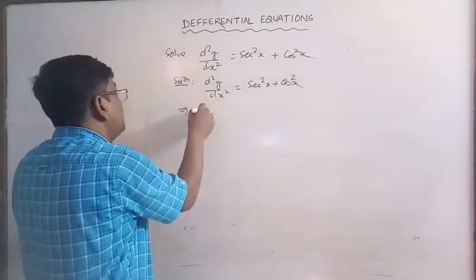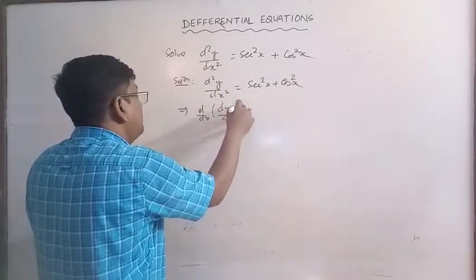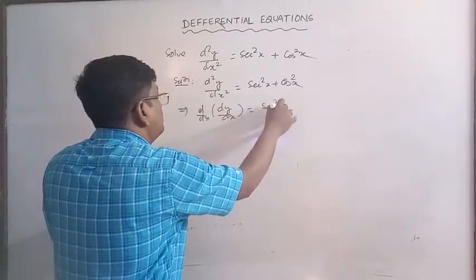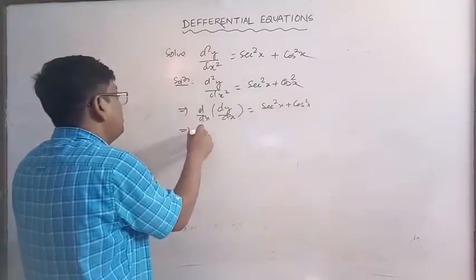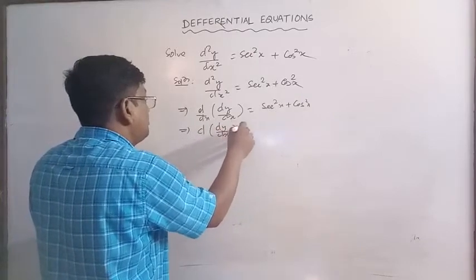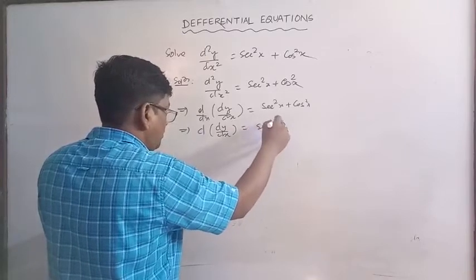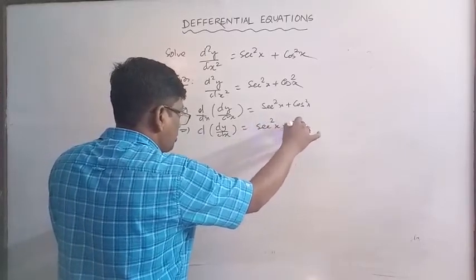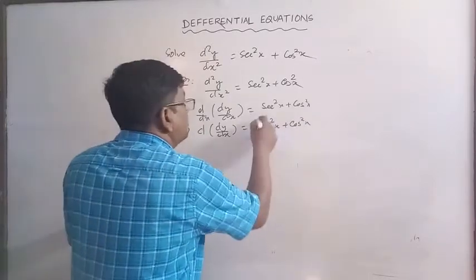Now this can be written as d by dx of dy by dx is equal to sec square x plus cos square x. Now d of dy by dx is equal to sec square x plus cos square x into dx.